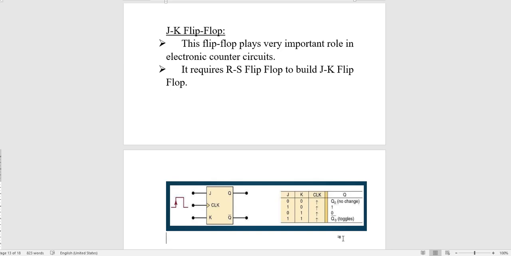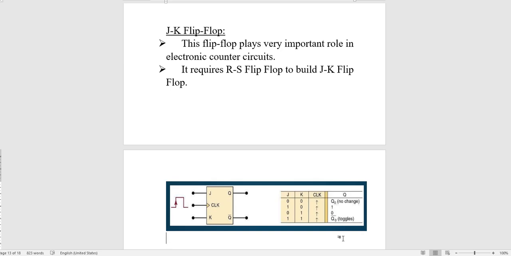Now what is the meaning of toggle? Toggle means changing to the opposite state. So the output changes to its opposite state when J is equal to 1 and K is equal to 1.